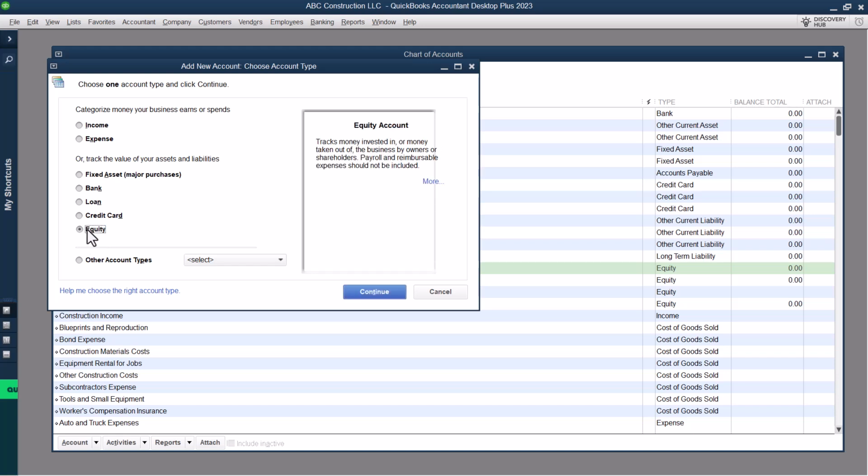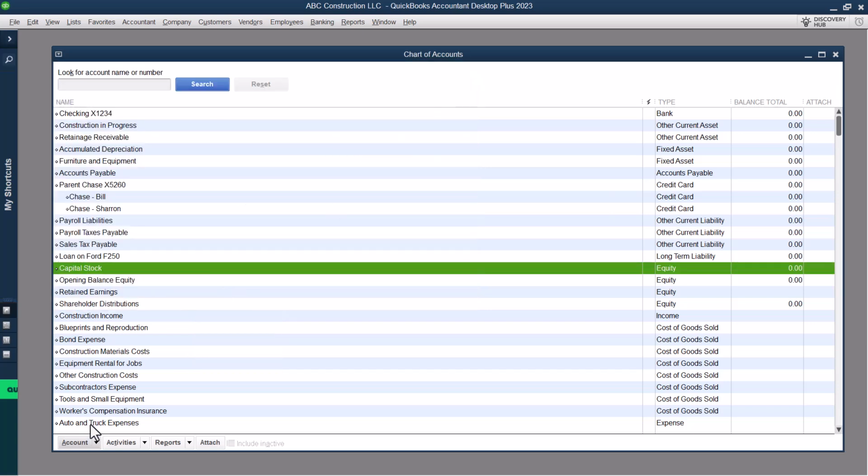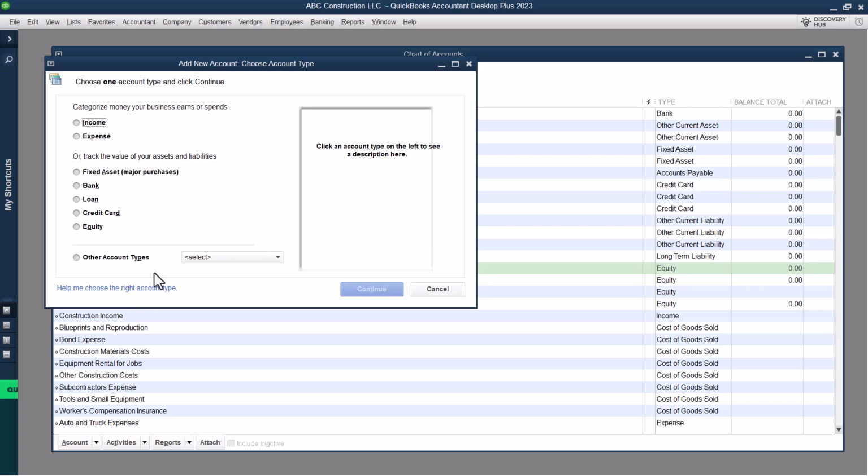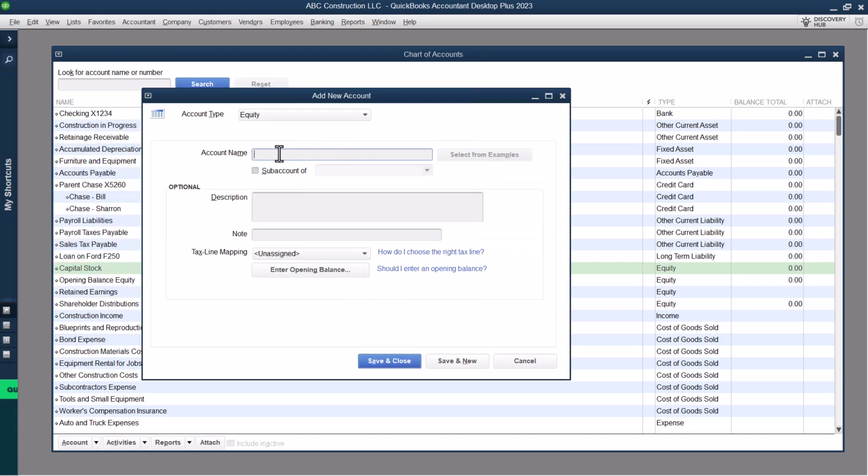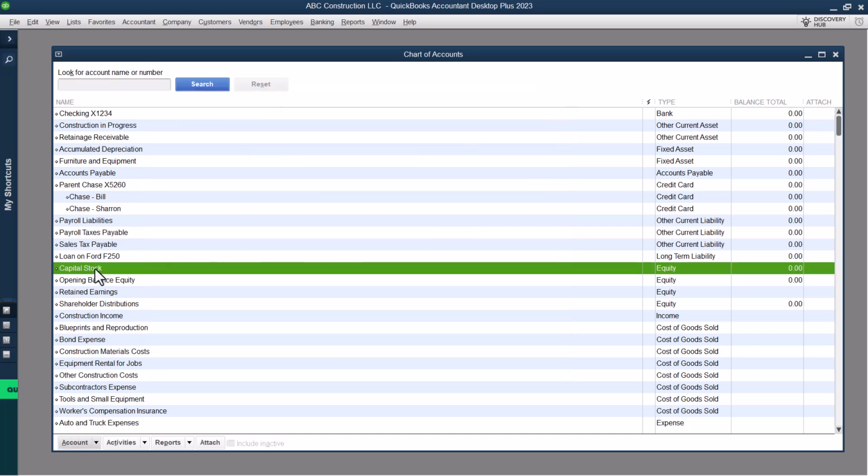It's just right here, equity. There are no other account types here that you can possibly set up. So to create an equity account, you would go in, click account, new, hit equity, continue, and then you would name that account.